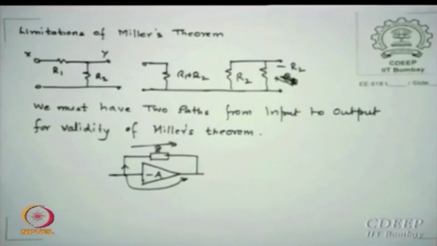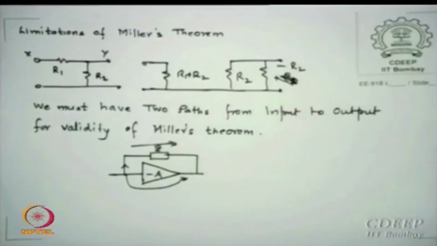But if you look at the output side, you get R2 parallel minus R2. You substitute those values and you get R2 parallel minus R2, which means a negative resistance at the output impedance, which is not true, because in real life no passive device can create negative impedance.